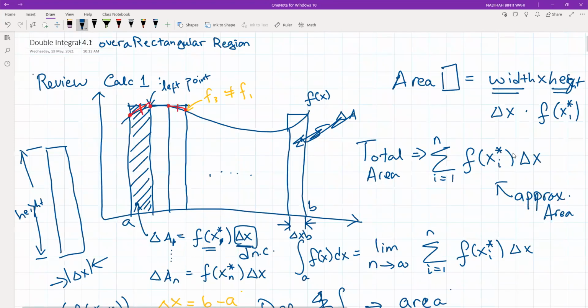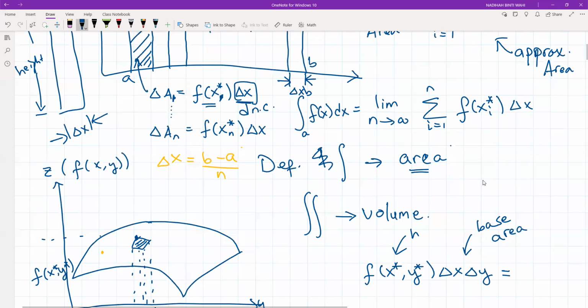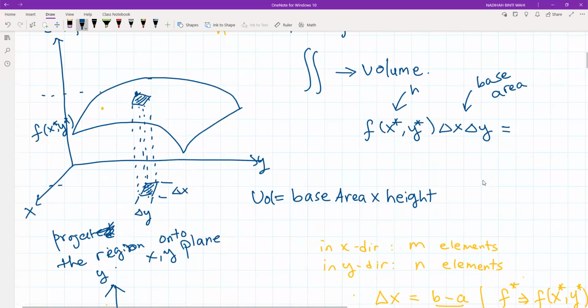Double integration over a rectangular region. Double integration refers to your volume, because the volume is base area times the height.